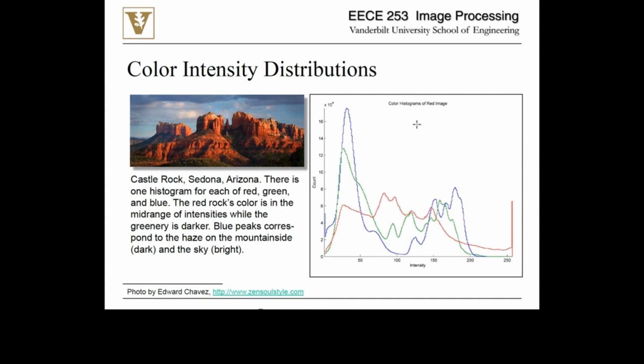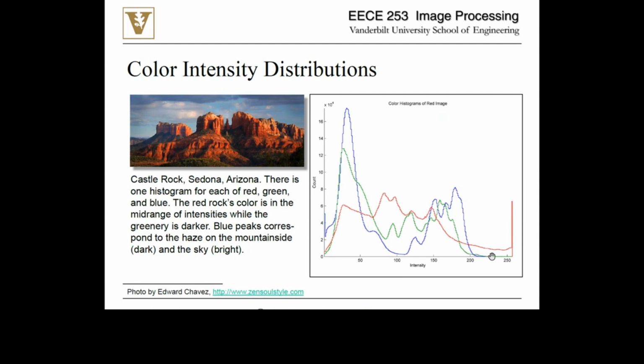If you have a color image, you have 3 histograms, one for each channel. Here we have the histogram for red, the histogram for green, and the histogram for blue. And we already recognize all these features we have been talking about before. We have saturation here.